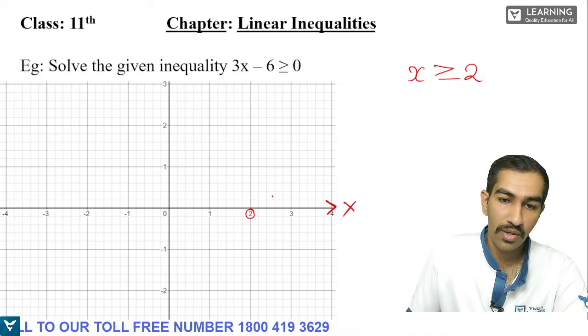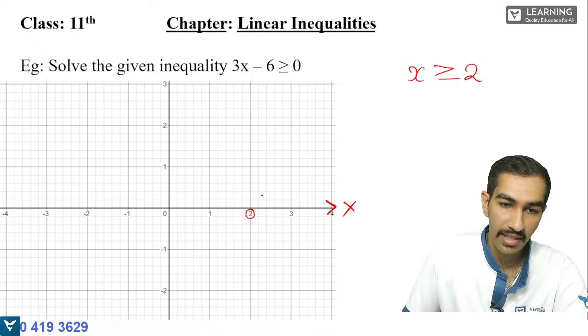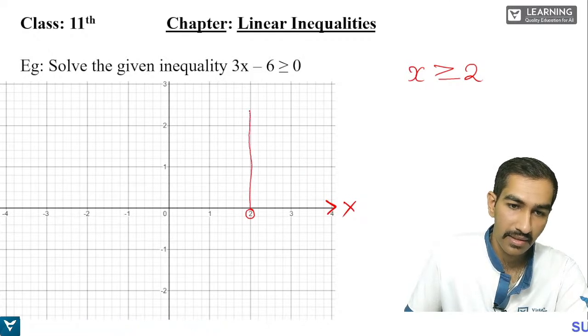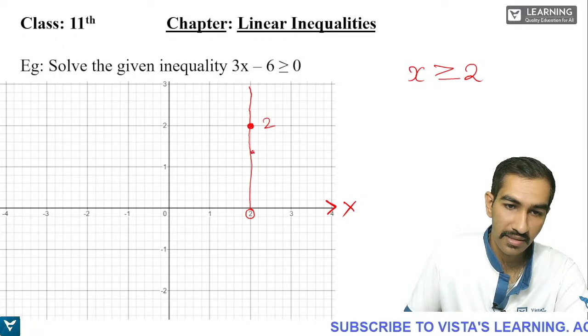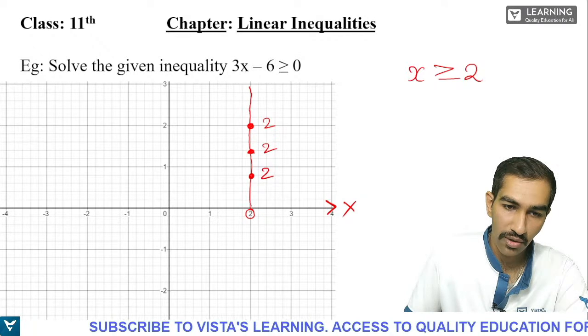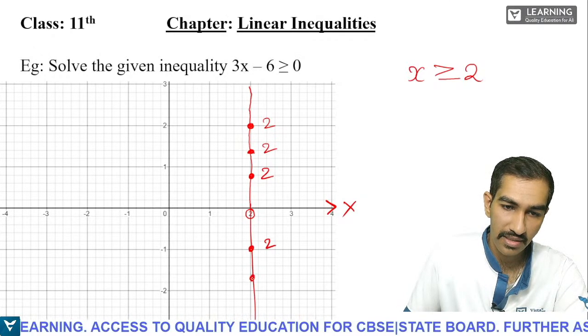X is greater than or equal to 2. So how is the line here? The line will come something like this. This will be the line. What is x here? X here is 2. What is x here? X here is also 2. X here is 2. Go down. X here is 2. X here is 2.